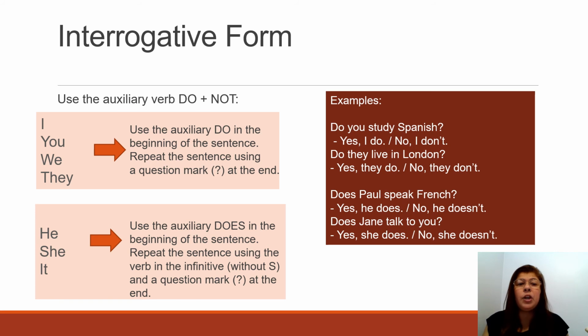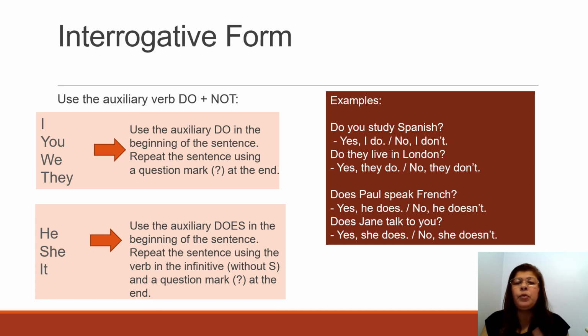If we have third person singular, he, she, or it, instead of using do, we are going to use the auxiliary form does, because third person receives es at the end. So we use the auxiliary does in the beginning of the sentence and repeat the sentence using the verb in the infinitive form, that is without the s, and the question mark at the end.